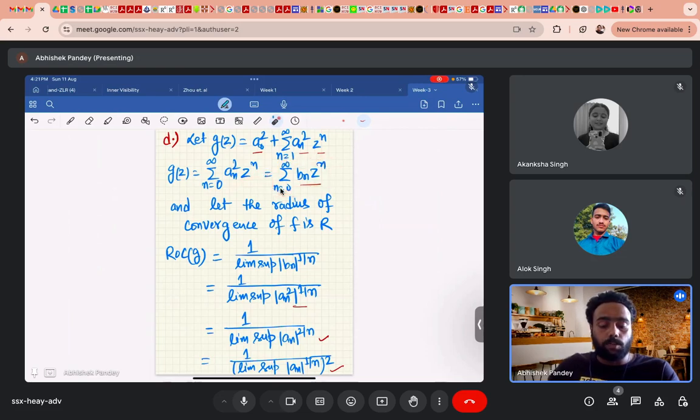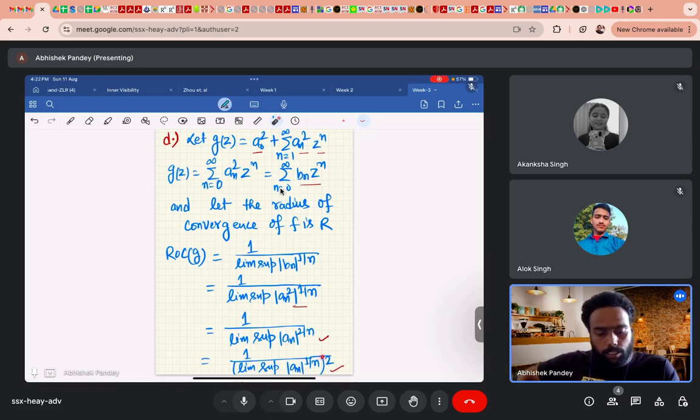So what will be the radius of convergence of g? It will be 1 upon limit sup of |b_n|^(1/n). What is b_n? It is a_n squared. So it will be 1 upon limit sup of |a_n squared|^(1/n), which is nothing but 1 upon (limit sup of |a_n|^(1/n)) whole squared.